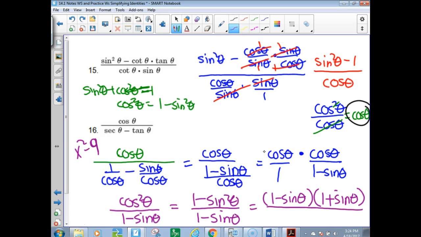That's kind of nifty. So yes, you are going to have to start thinking like that a little bit. It's a difference of squares. So I can get rid of that 1 minus sine and the 1 minus sine. And there's my final answer to that one. It is 1 plus sine theta.